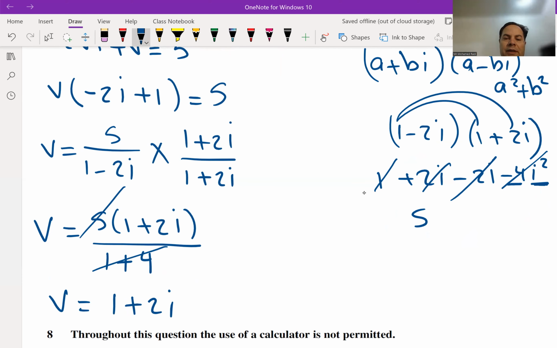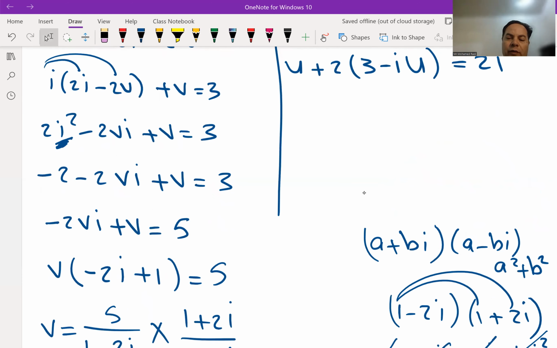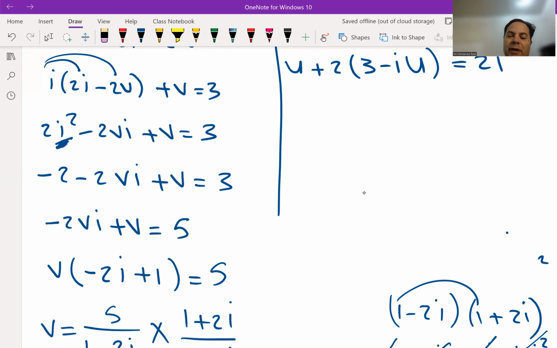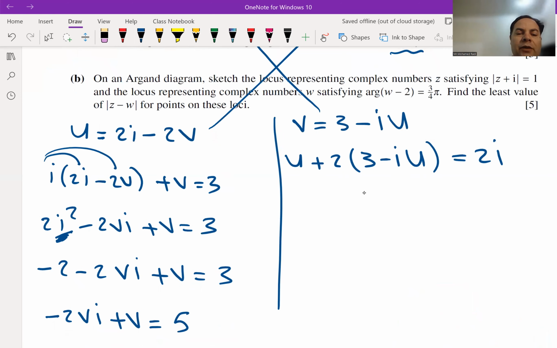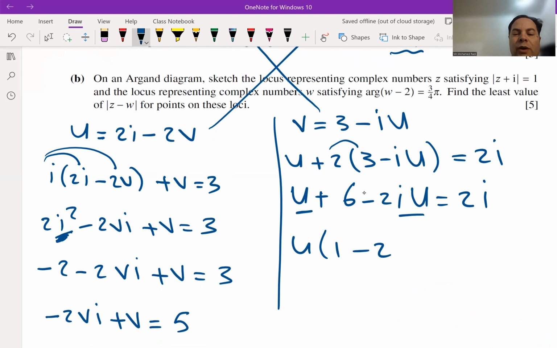In the same way for u, go back to the first equation and try to get u simplified, and write the answer in the form a plus bi. If you expand u plus 2 times 3, 6 minus 2iu is equal to 2i, then taking u outside, u times 1 minus 2i is equal to negative 6 plus 2i.